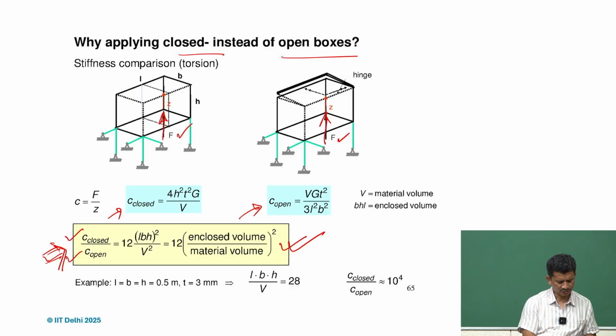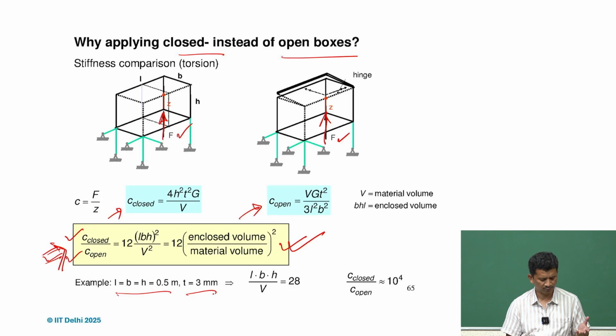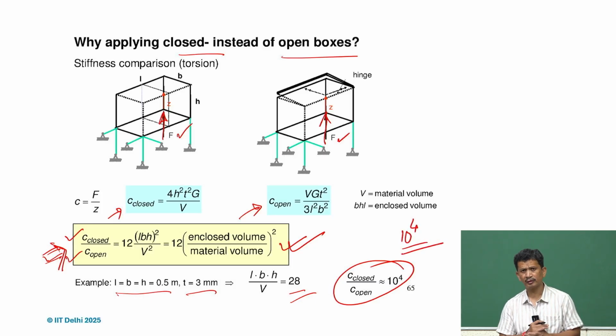And if we put some numbers here, for instance L, B, H is 0.5 meter, and the thickness is only 3 millimeter. So this is the ratio, and if we compare, this is again 10 to the power 4, closed versus open. So 10 to the power 4 times stiffer the moment it gets closed. If any one side is open, we lose that.